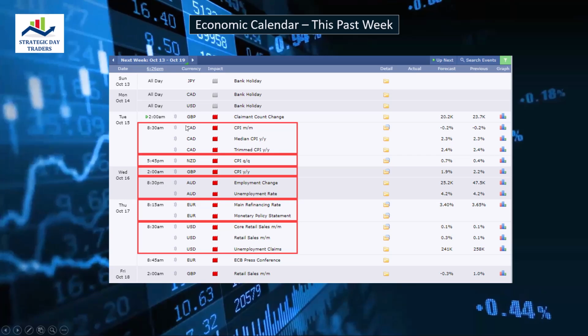We didn't pay too much attention to this UK news, but later in the day, in the late afternoon, New Zealand had their CPI. This was a big one. The UK had a CPI at 2 a.m. U.S. time, okay? We had unemployment or labor results at 8:30 p.m. This was also one that we were careful to look at.